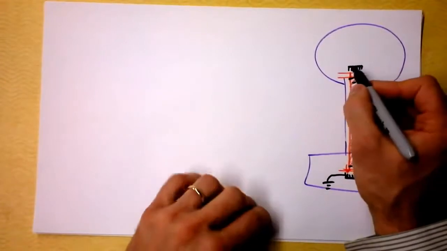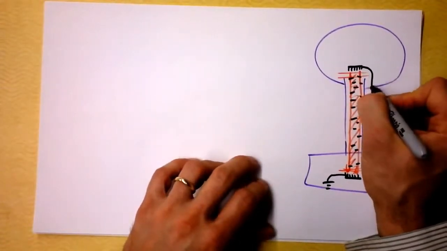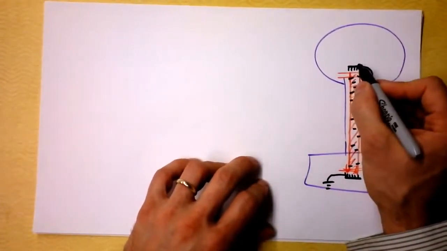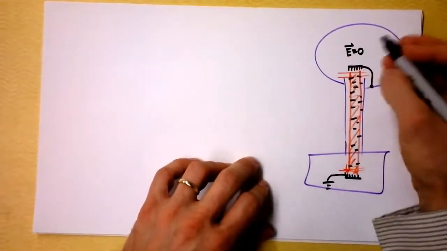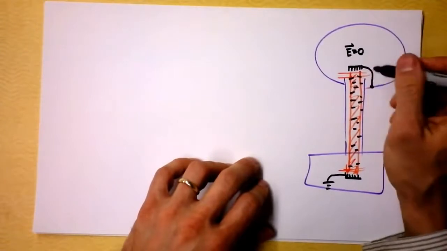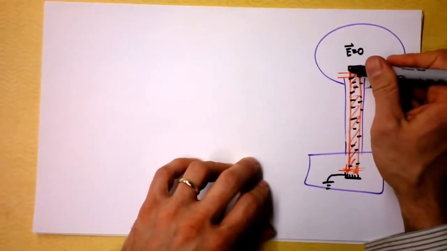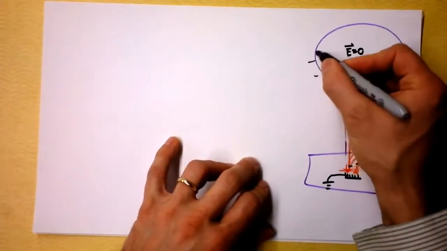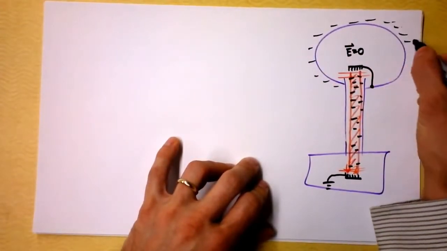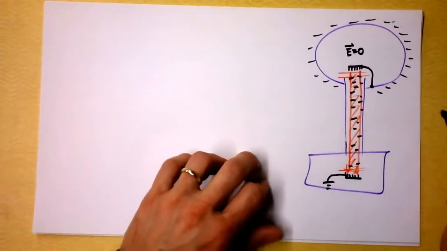Now, the interesting thing about the inside of the sphere, it's electrically connected to the outside of the sphere, but the inside of the sphere has to have an electric field of 0 because it's inside of a conductor. So as soon as the electrons hit this comb, they jump out to the outside of the sphere, and you get an enormous number of electrons on the outside of the Van de Graaff generator.